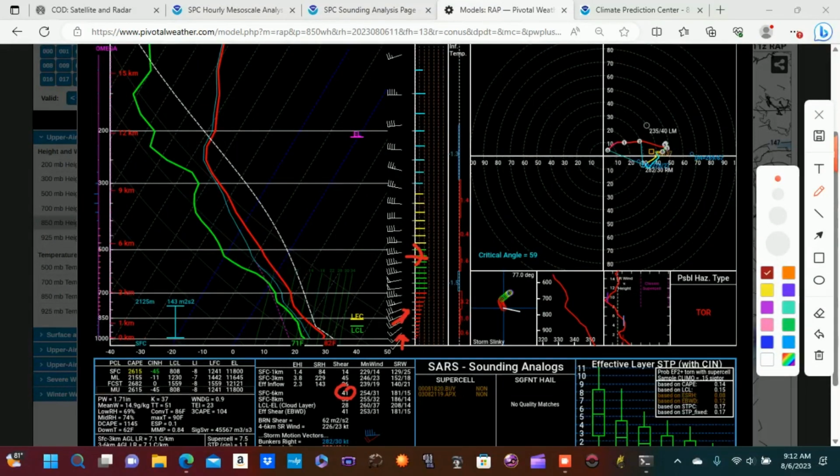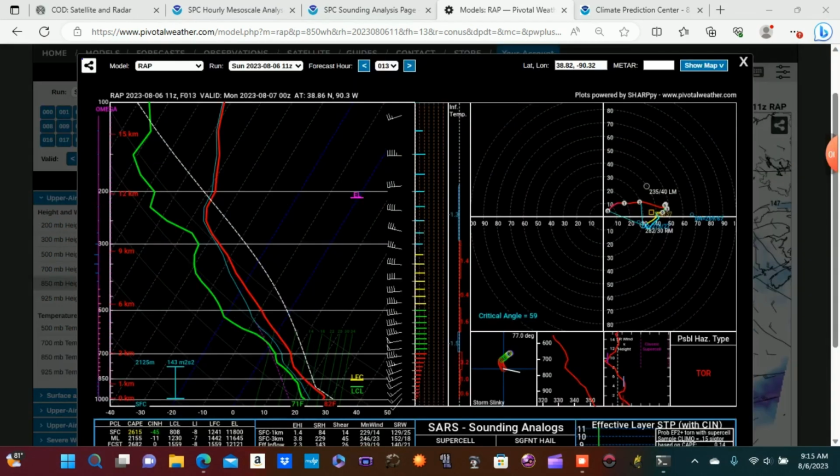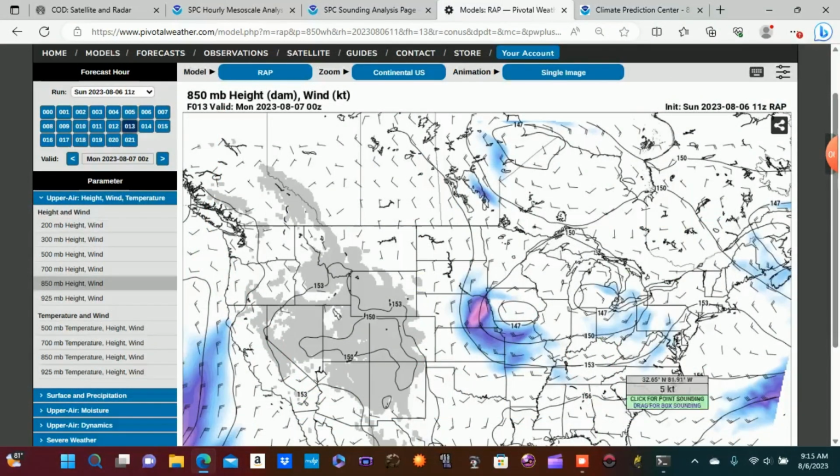And so that's going to help create what we call longer looping hodographs. And so that's going to be favorable for potentially some tornadic supercells if the surface winds are going to be a little bit more backed than what this model shows. So with that being said, I'll recap here just a little bit. Thunderstorms are expected to redevelop across Arkansas and move across the Mid-South and Tennessee valleys later this afternoon.